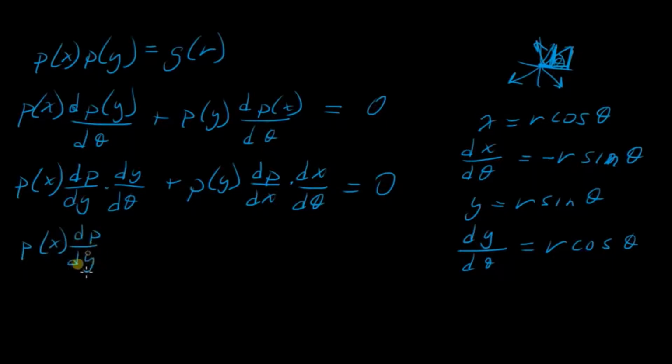So we can leave this alone, but dy/dθ, well, that's just this, r cosine theta. But r cosine theta is actually x, so we can just substitute there. Same thing here. Okay, dx/dθ, well, that's negative r sine theta.